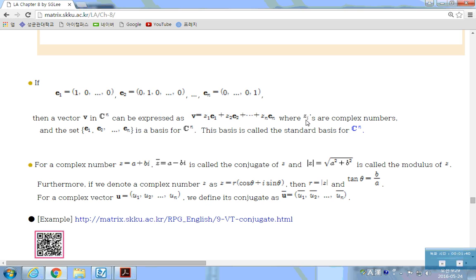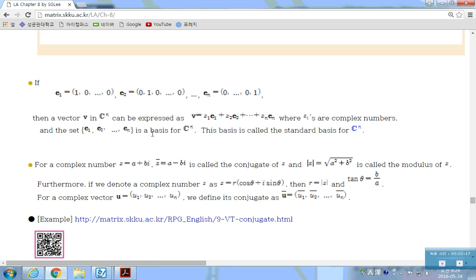But these g_i come from the complex numbers, from C, not R. So any complex vector in Cn can be written as a linear combination of this if these g_i are complex numbers. Then these e_i are linearly independent, and this also spans Cn. So this forms a basis.